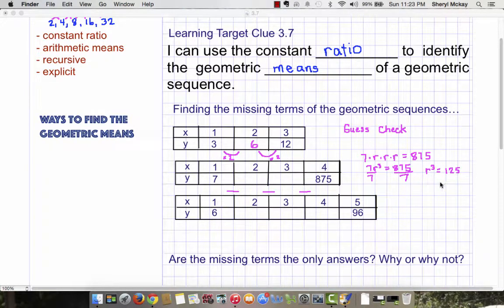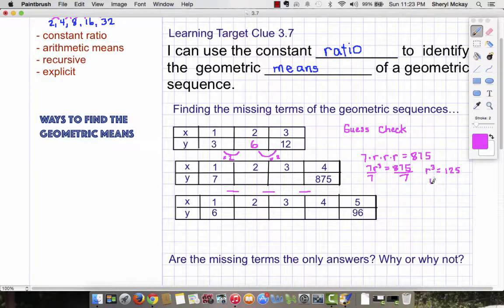Well, regardless, we've figured out that the constant ratio, r, equals 5. So now all I have to do is multiply my constant ratio by each term using what I know about the recursive equation. So 7 times 5 is 35.